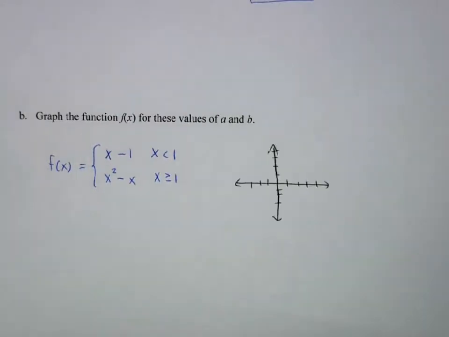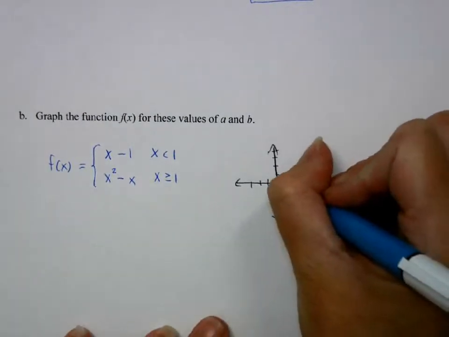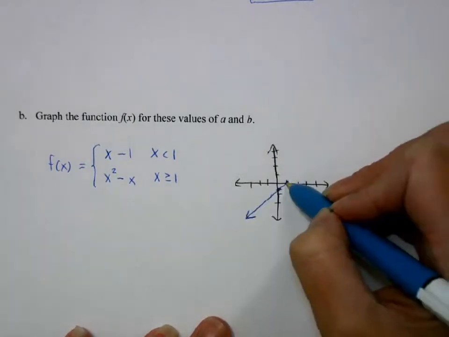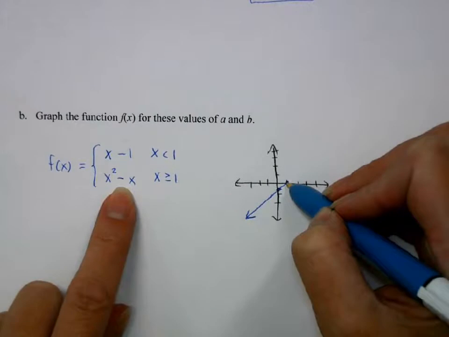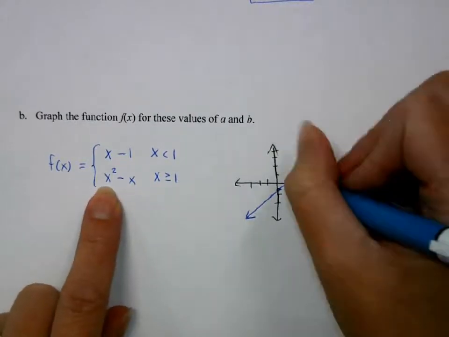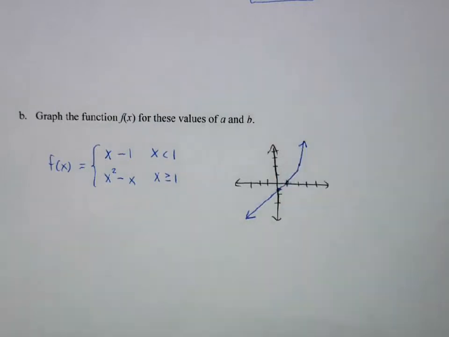Okay, so you have a calculator if you need help with the graphs, but x minus 1 is just a y-intercept of 1 and a line with a slope of 1. When we plug 1 in here, we get 0, which is good news. That makes it continuous. And then if I plug in 2, we'd have 4 minus 2, which would be 2. And then it's just going to continue up like that.